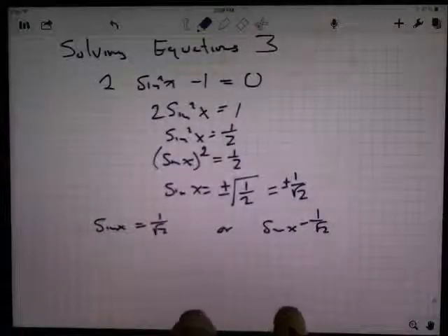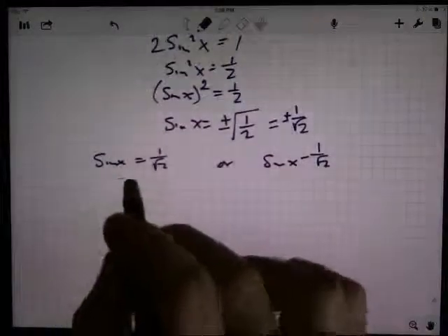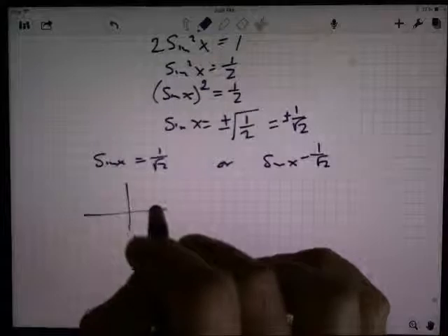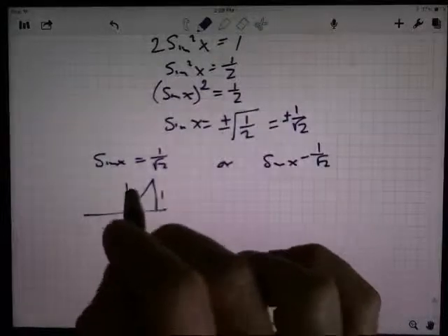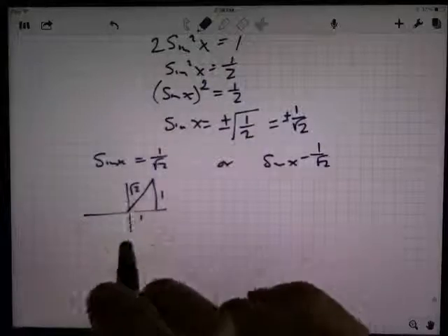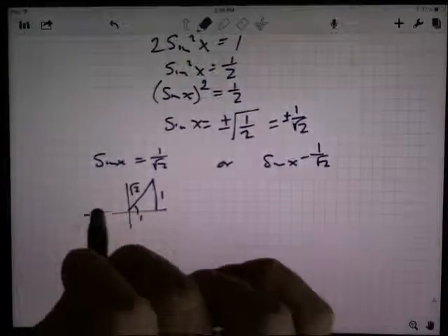So I'm looking at each one of those individually. Sine of x equals 1 over the square root of 2. I'm thinking sine is 1 over square root of 2. Ooh, that's probably my 45-45 right triangle. It is.